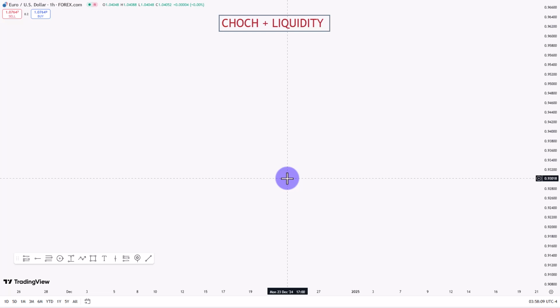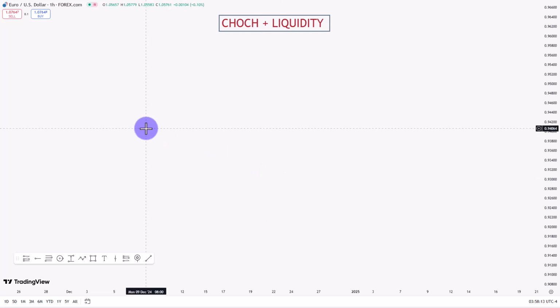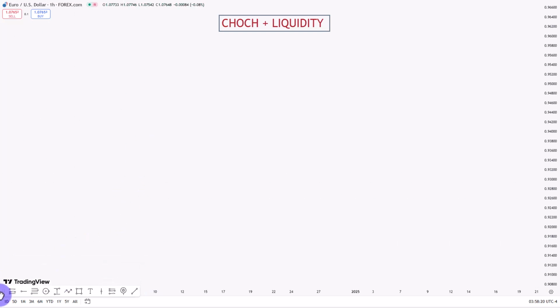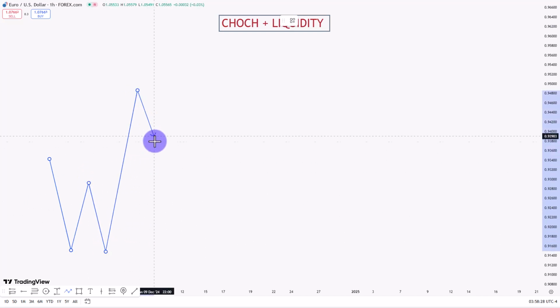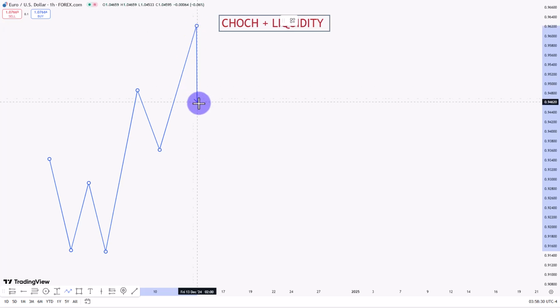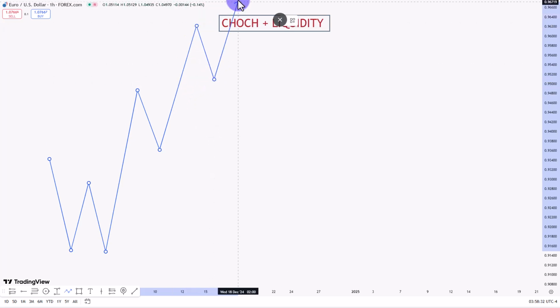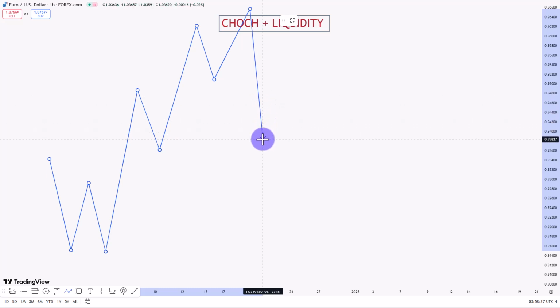For us today, this strategy is about identifying change of structure and identifying the opposing draw on liquidity. So what do I mean? Just pay attention to what I'm about to show you. Imagine that we have a market condition where we've been bullish, price action has been forming higher high, higher low, higher high, higher low, and all of a sudden we have a shift in market structure to bearish, and price action created a change of character.